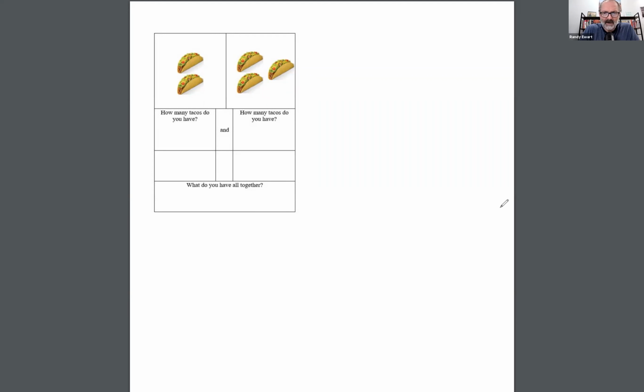Before I get into the mathy stuff, I'm going to talk about simplifying with food, tacos. So let's just work through the lines of this table here. How many tacos do you have? Oh, I have 2 tacos here. I have 3 tacos here. So I can say I have 2 tacos, but I'm going to put a T for tacos, and I'm going to put a plus sign. 3 tacos, T for taco.